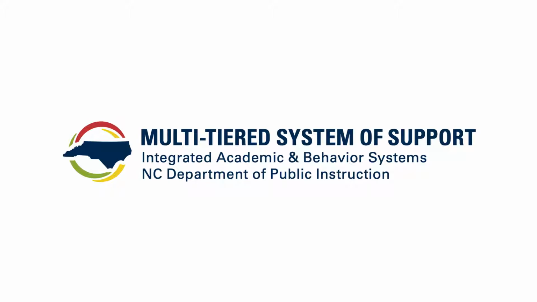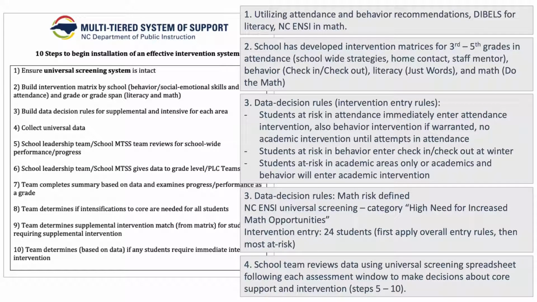We're going to look at an example of a school setting and applying data decision rules as a part of their standard protocol for interventions. Building data decision rules is a part of the first three steps for the work of building an effective intervention system.